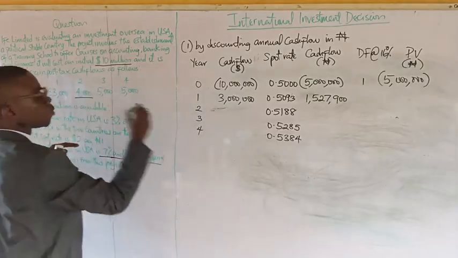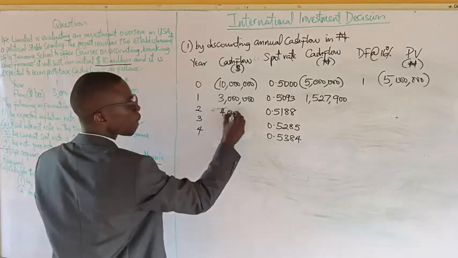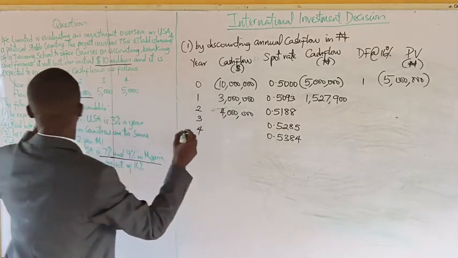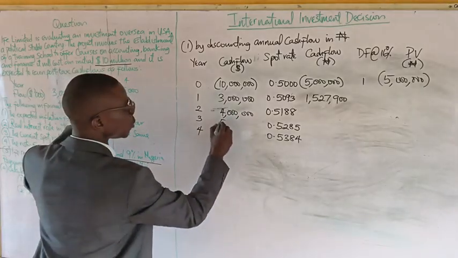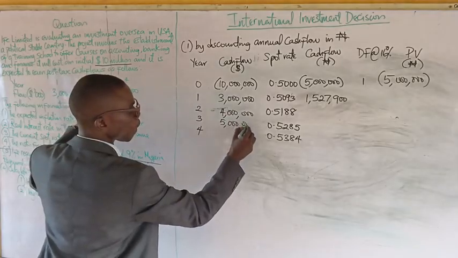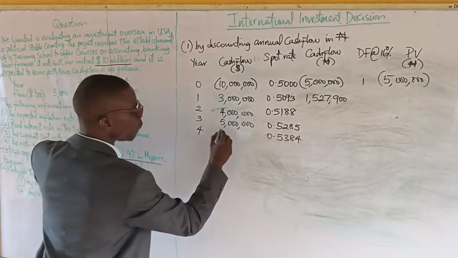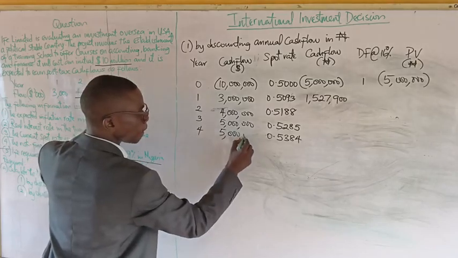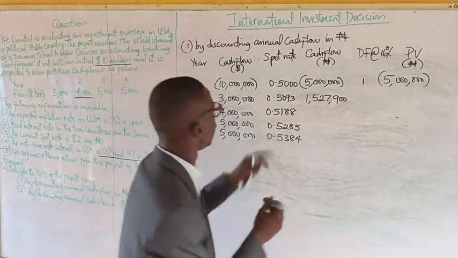For year 3 it is 5 million, and for year 4 it is 5 million. So let's multiply this.